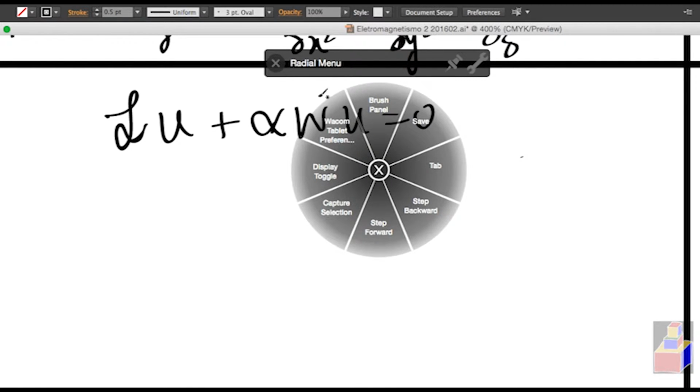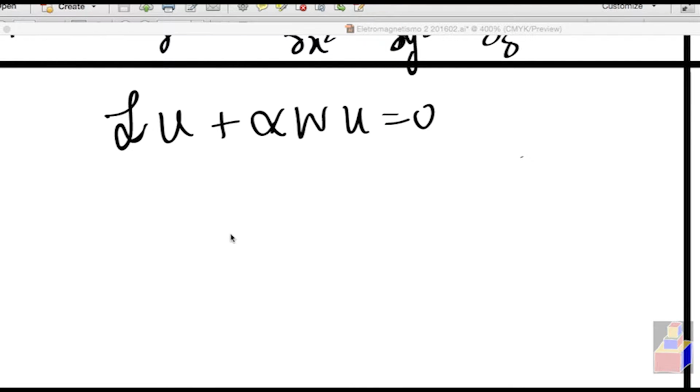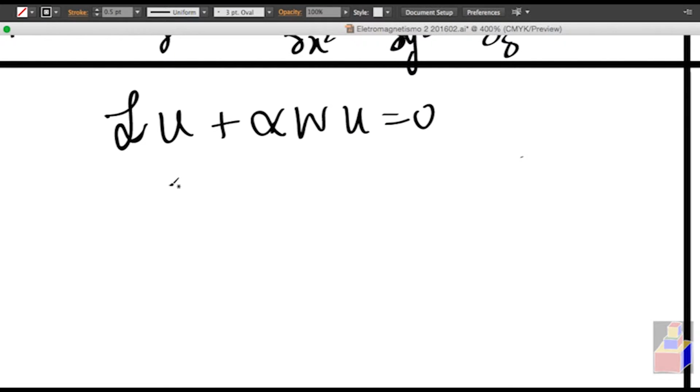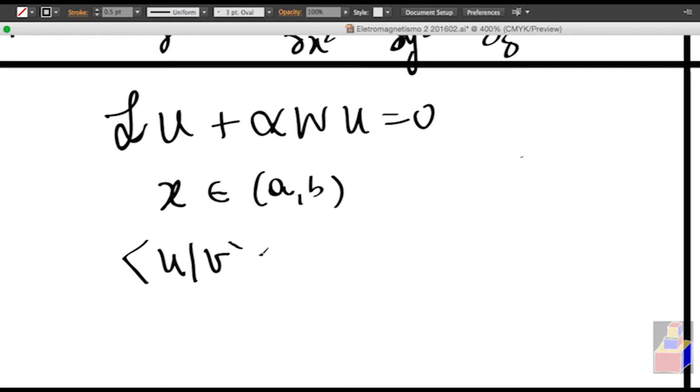If the solution is in an interval A, B, if x is in interval A, B, we say that two solutions are orthogonal if, we define the scalar brackets, the dot product of two functions, by this relationship. It's the integral of U conjugate, V. U and V can be complex functions.